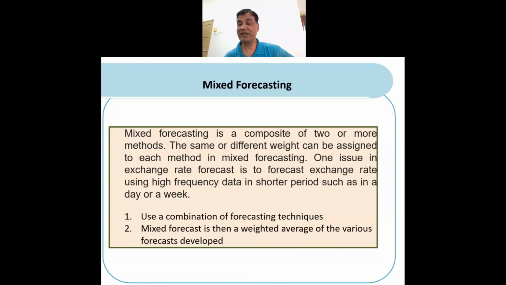If you mix these two together, you will see some kind of check and balance, and you should be able to arrive at a better forecast of exchange rates. So you are using a combination of forecasting techniques. It is basically a weighted average of the various forecasts being developed. So we use an average of these.